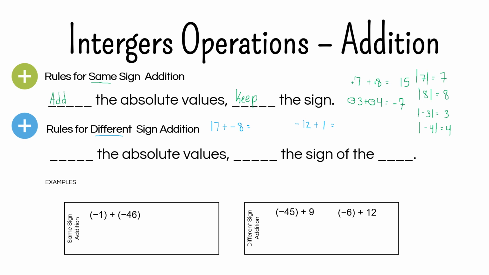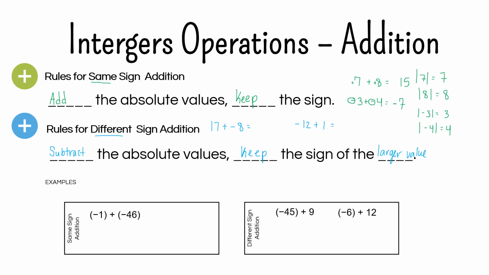We're going to subtract the absolute values, and then we are going to keep the sign of the larger value. So basically, if there's more negatives, we'll keep it negative. If there's more positives, we'll keep it positive.